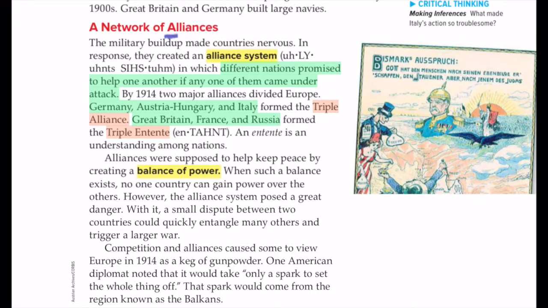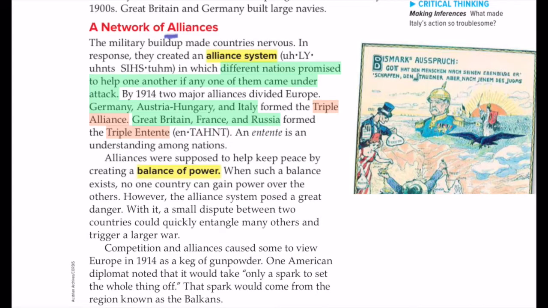There are two major ones that were leading us into World War One. There was one called the Triple Alliance, which is Germany, Austria-Hungary, and Italy. And then there was another one called the Triple Entente. Entente is just a fancy word meaning an agreement. And the Triple Entente was Great Britain, France, and Russia.